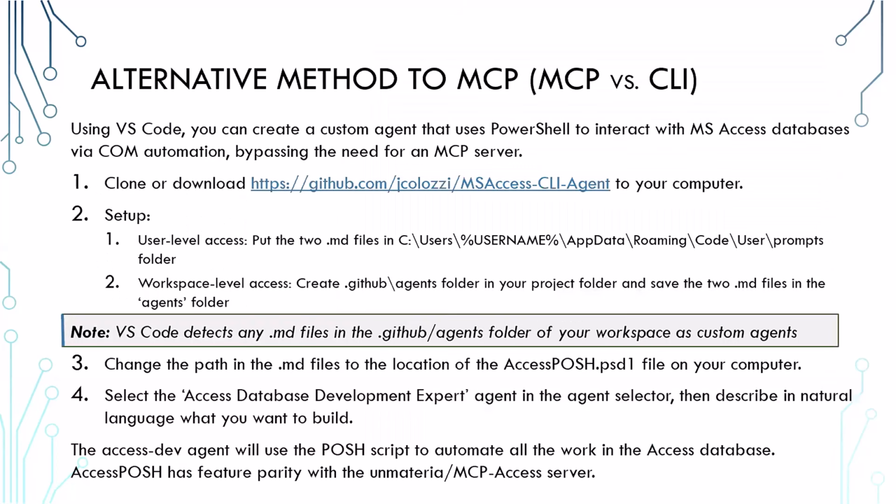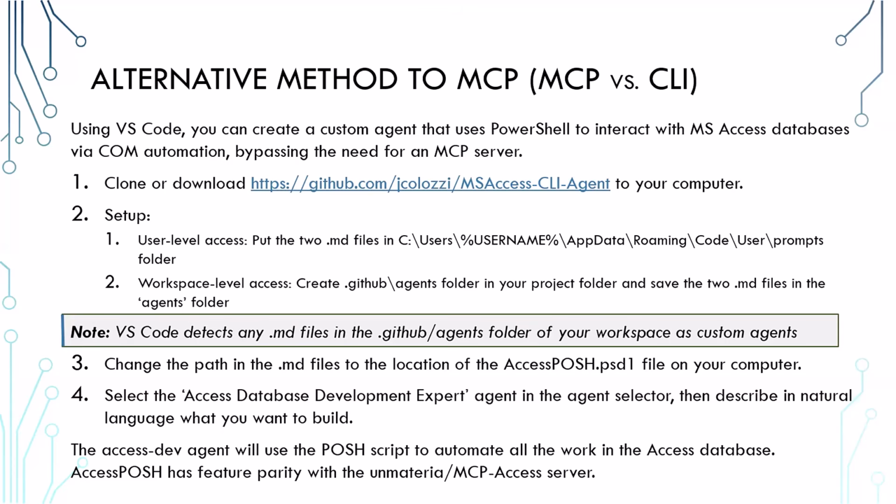So with all that said, there is also an alternative to MCP, and there's been a debate recently, probably within the last month, maybe a month and a half, of MCP versus CLI. And agents can use the command line interface to interact with Access databases through PowerShell COM.